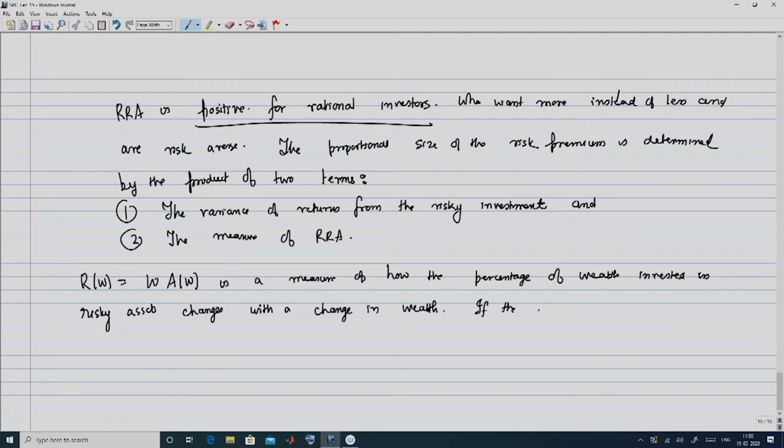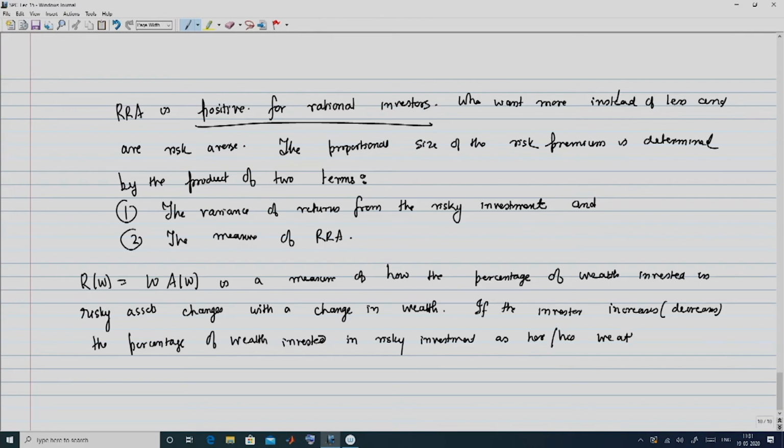So, if the investor increases or equivalently decreases the percentage of wealth invested in a risky investment, as her or his wealth increases, then the investor is exhibiting.